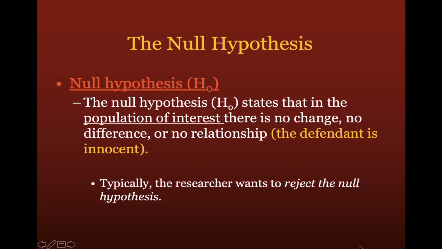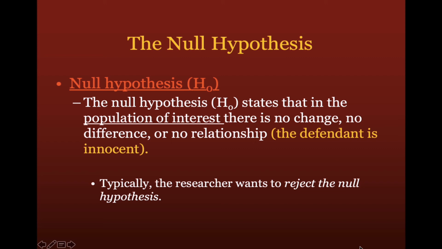So the null hypothesis, as I've alluded to already, basically says that in the population there's no change, no relationship, no effect. So if we're talking about an experiment, you're saying that the mean of your sample is basically the same as the mean you would expect in the population.